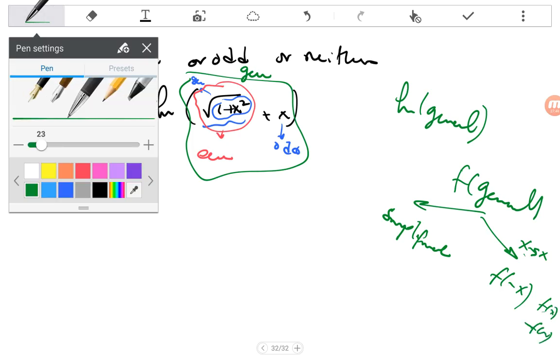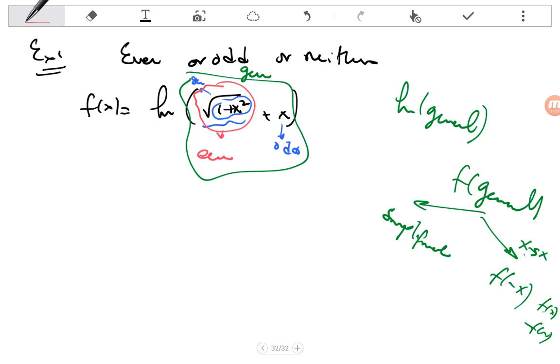In this case, I will just make a simplification. How would I do that? I will multiply by the conjugate in the numerator and the denominator.